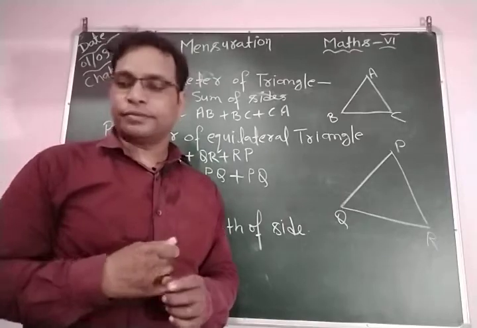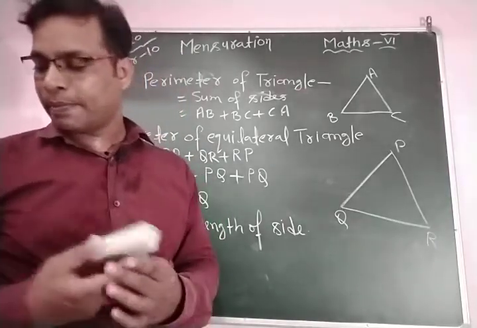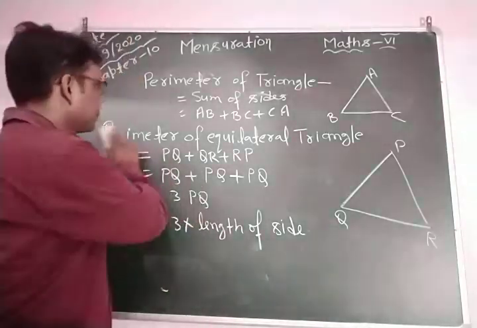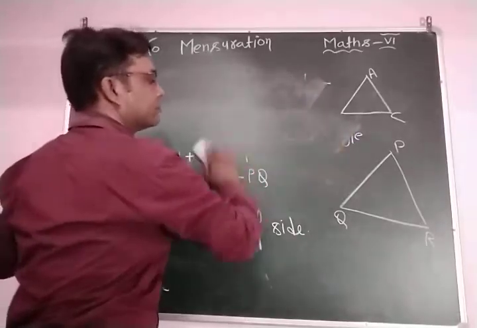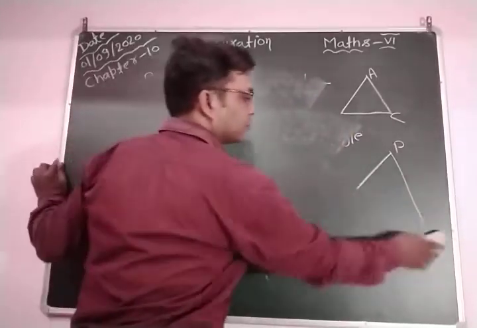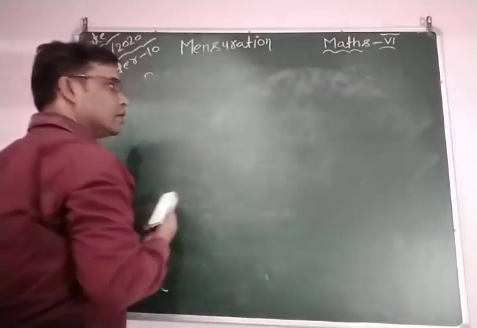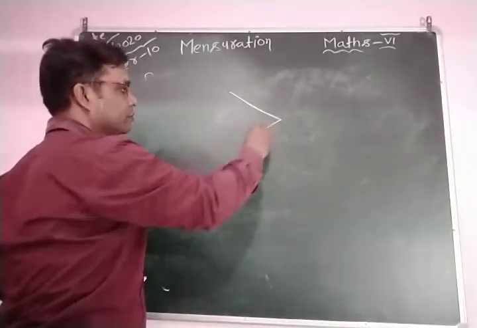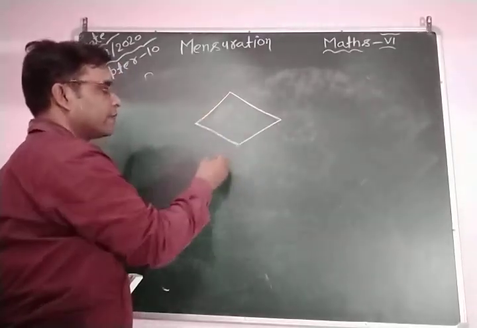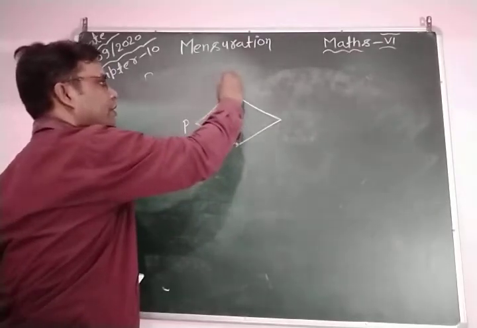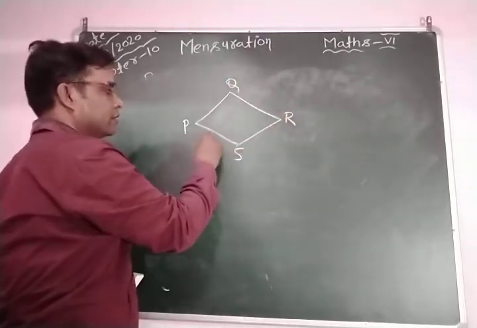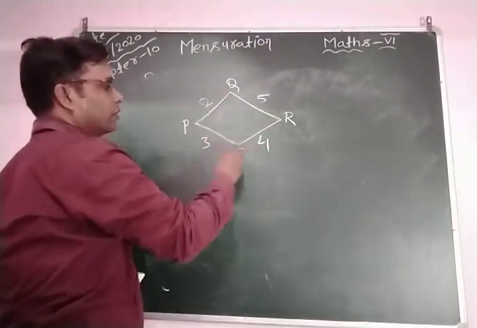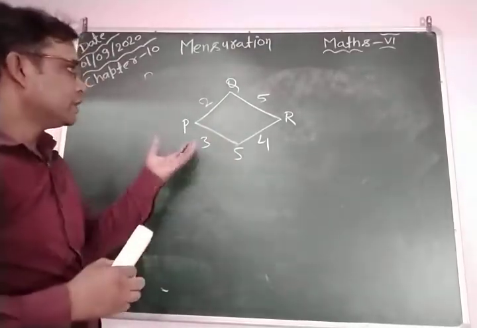Now suppose we are given a plane figure and we need to find its perimeter. Suppose this is PQRS, with sides 3, 4, 5 and 2. How do you find the perimeter of this plane figure?